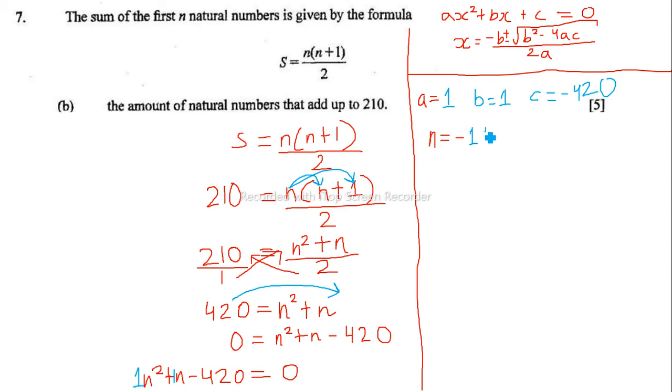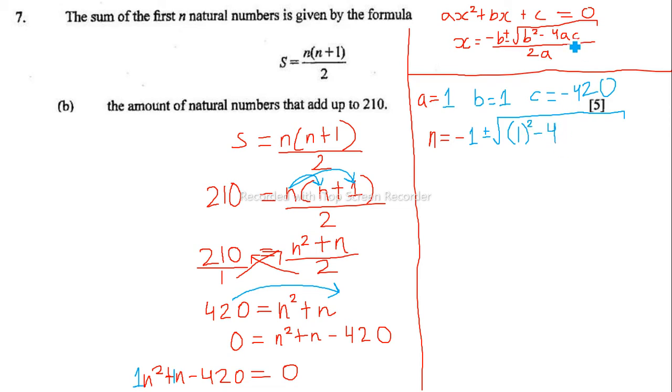plus or minus the square root of b squared. B is what? 1, right? So it's going to be 1 squared minus 4.